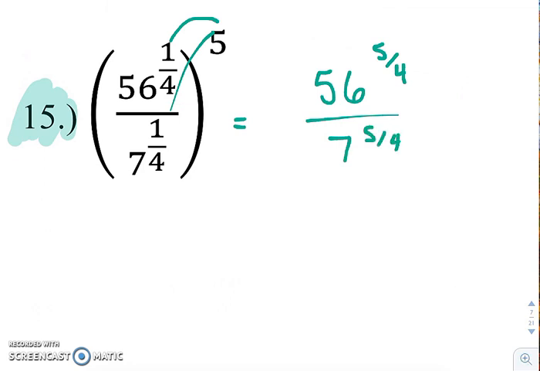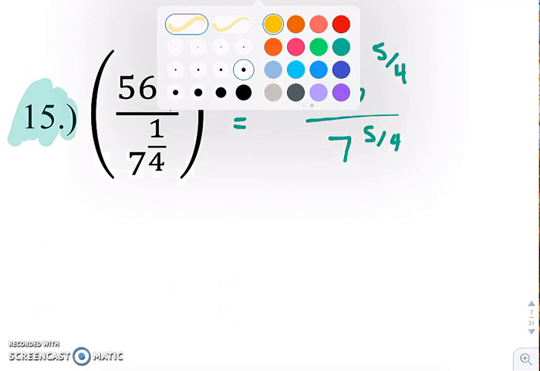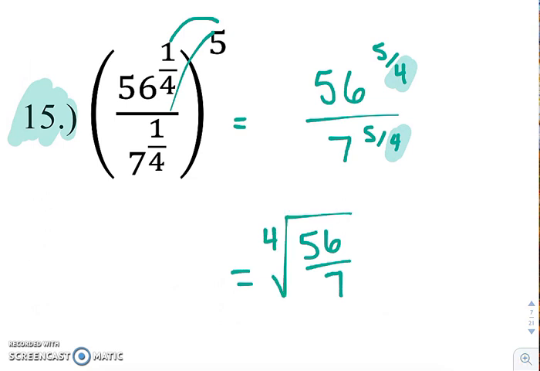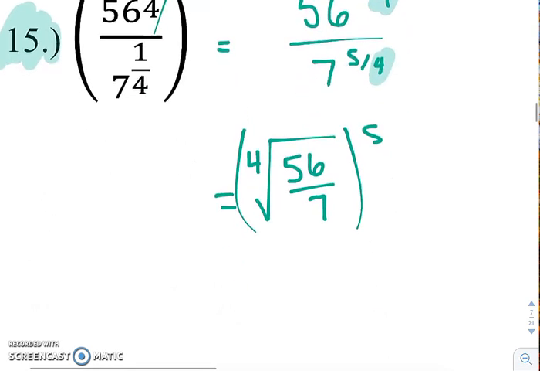Now at this point we can't have exponents that are fractions, so what I'm going to do, because this exponent is exactly the same, we can write this under the same radical because the denominator is the same, so it's going to have the same index, and then we can raise it to the same power. So what I'm going to do is say, okay, keep the 56 over 7, but make it the 4th root of 56 over 7 to the 5th power.